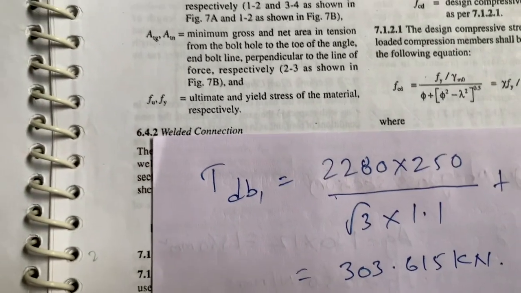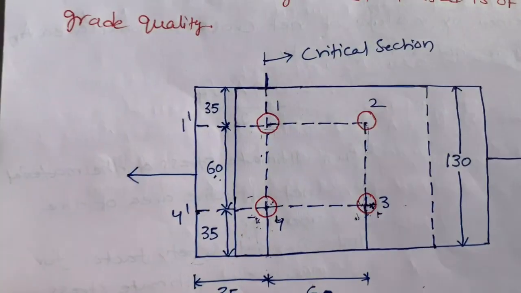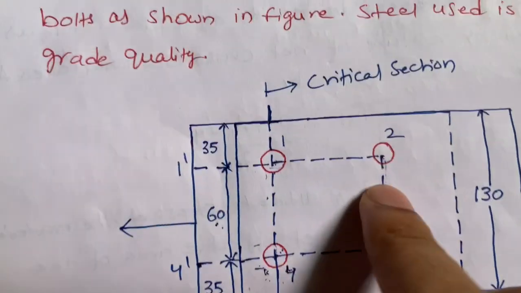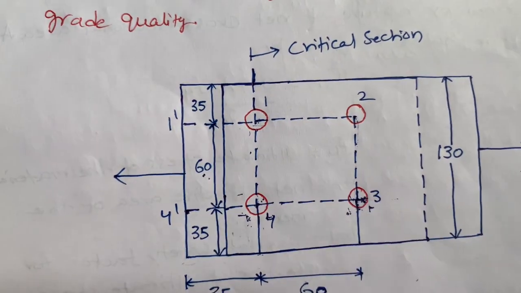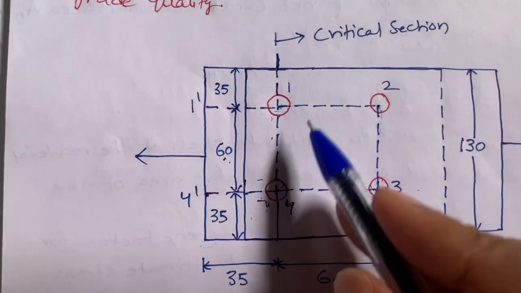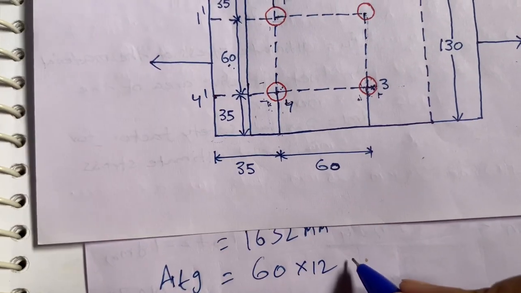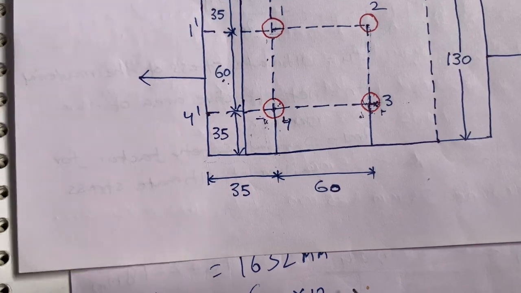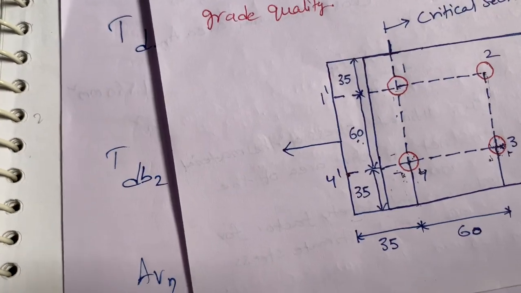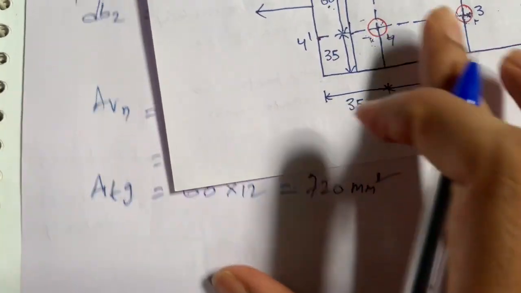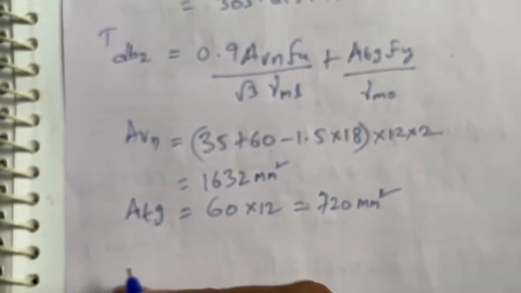This is our diagram, and tension is in this direction, so gross area means total area: 60 into 12, the thickness of the plate. That is the ATG value, equal to 720 mm square.